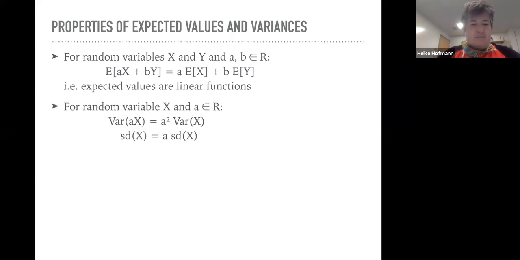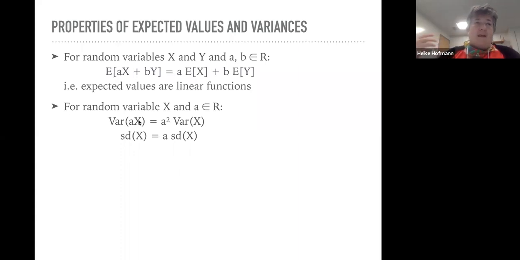The problematic case is really the variance. So the variance is a stinker. The variance is not particularly nice to just scalars. So when we have the variance of a random variable X and we multiply that with a value, the variance of this multiplied random variable is the square of the scalar times the variance of the original random variable.